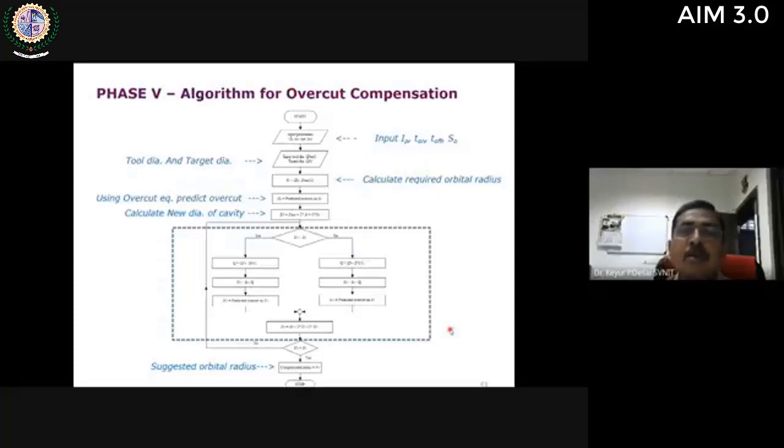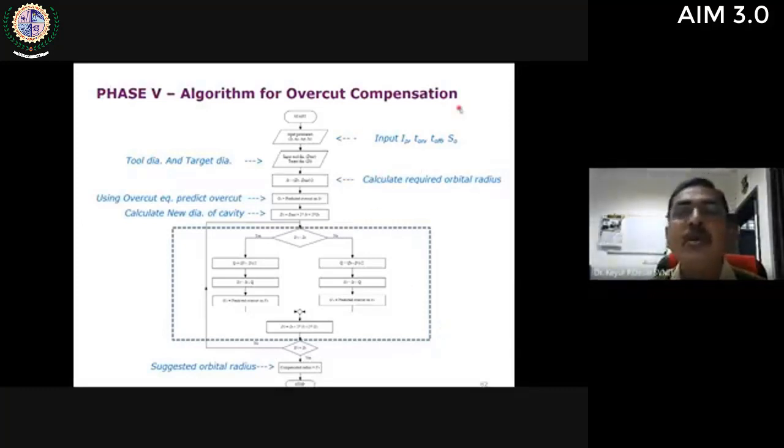Then we developed an algorithm for overcut compensation, because normally what happens is, if a tool has diameter D, then because of the sparking repeatedly occurring from the side of the tool, the cross-sectional dimension of the cavity will be slightly larger than the tool diameter, and that is normally estimated as overcut.